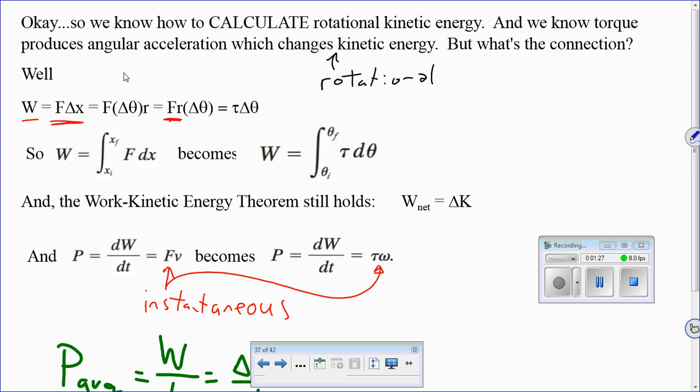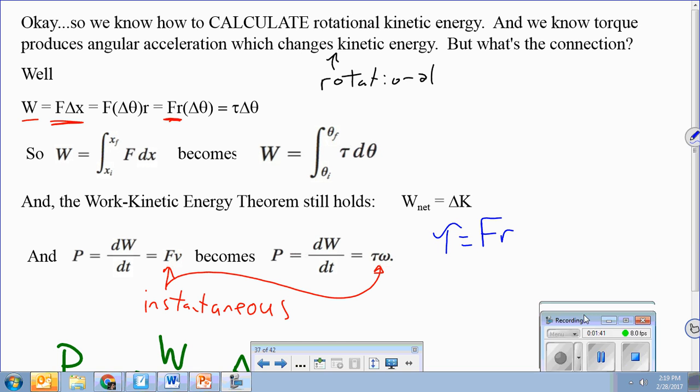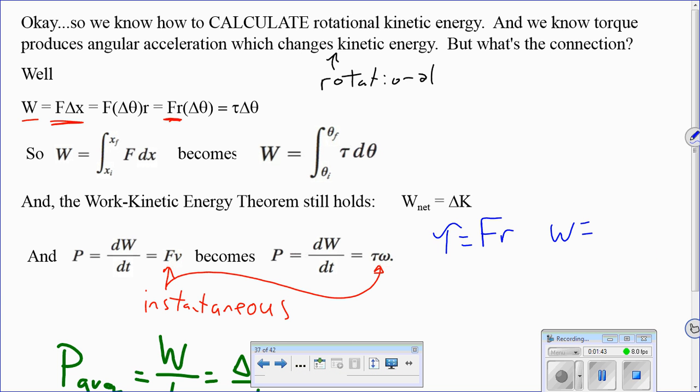If you do the force producing the torque times the velocity of the object at that point, it gives you the same result that torque times omega does. The rationale is that torque is force times radius, and omega is velocity over radius. So if you do torque times omega, your r's cancel. You just get F times v.